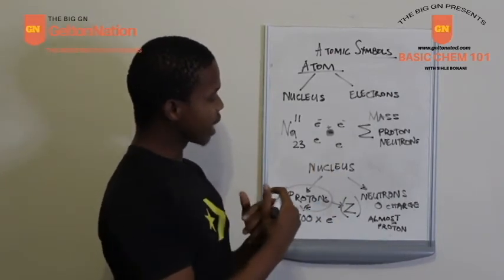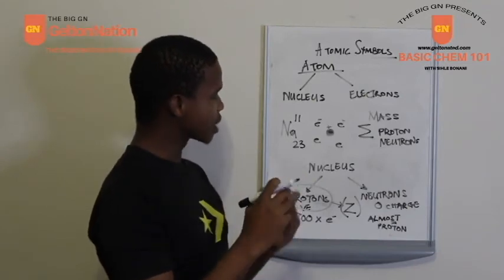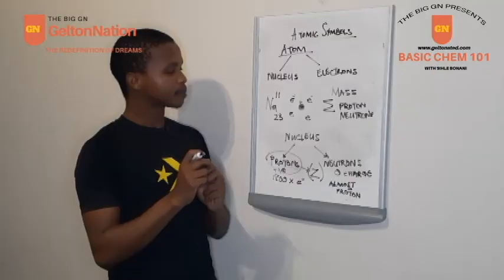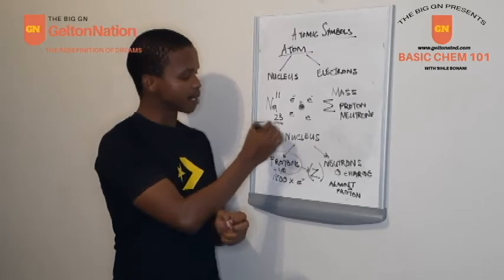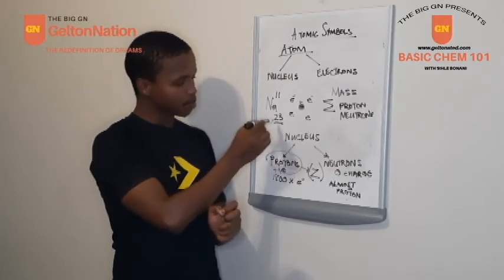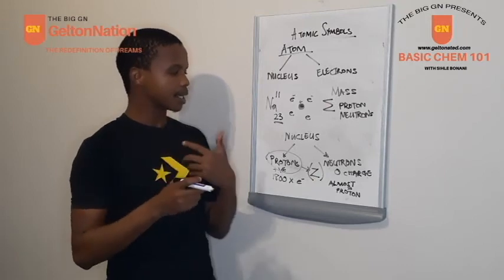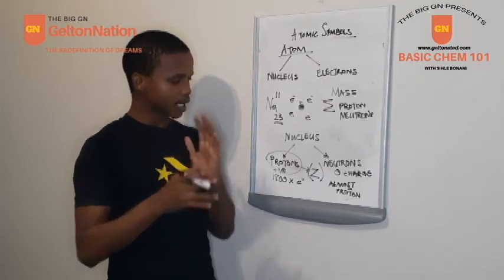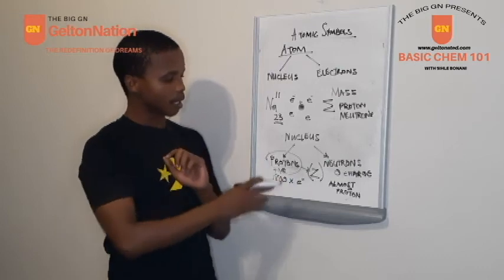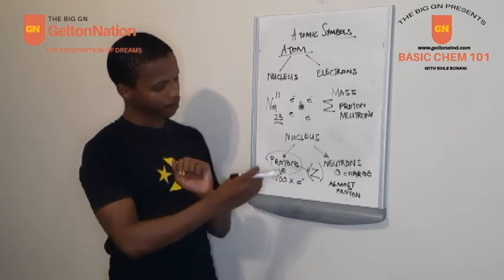But sometimes you find that other atoms have different mass numbers. Now this is because some atoms, when they naturally occur, have a different number of neutrons in the nucleus.